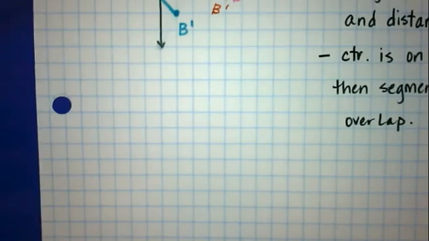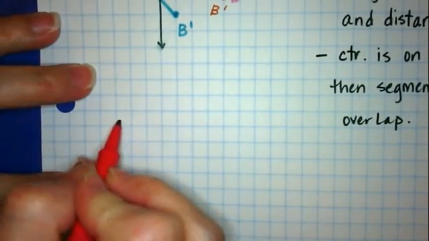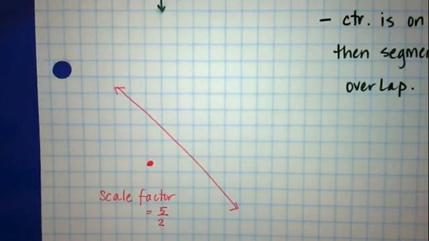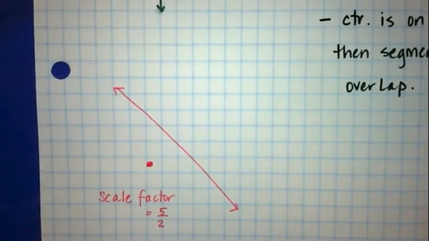If we started off, let's just say with this line right here, if we were to dilate this line from this point, and let's say the scale factor is 5/2. So that means that it's going to be 2.5 times larger. As you know, this is a collection of points. It's going to extend forever in both directions.